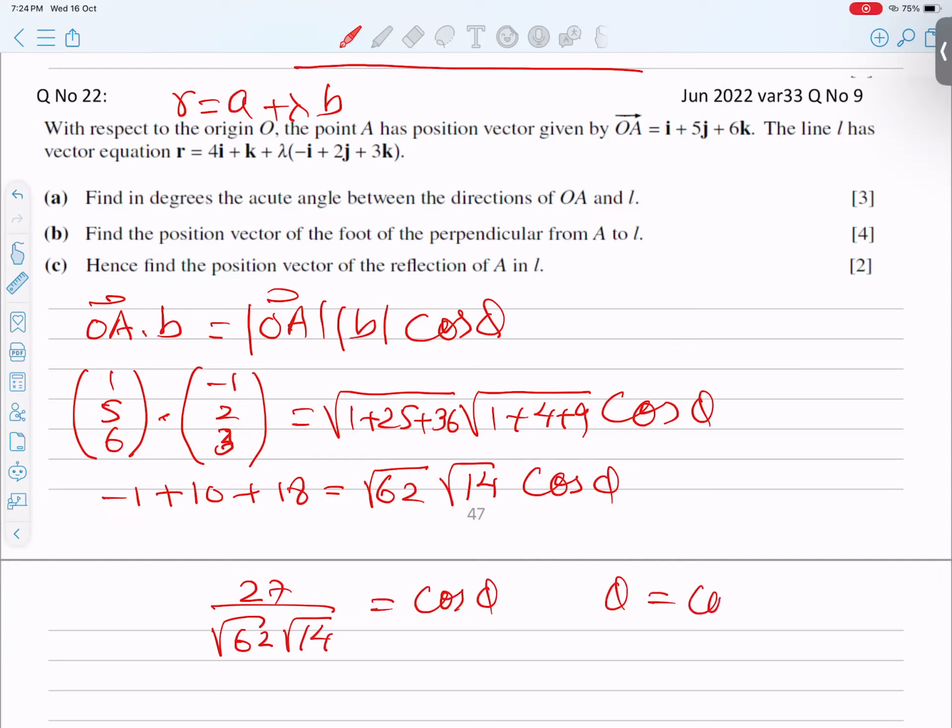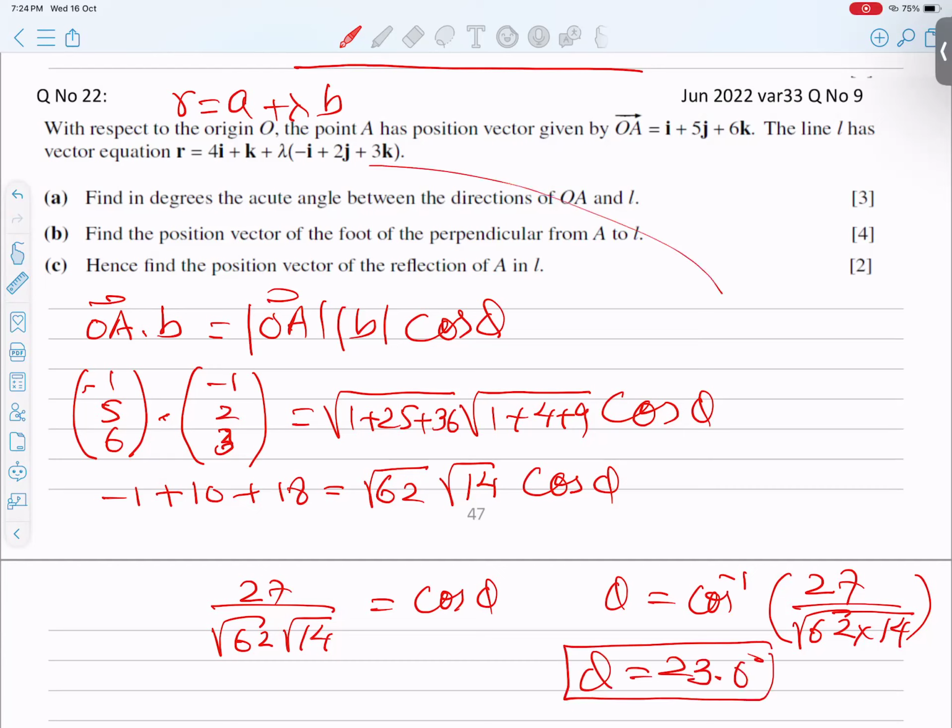Take cos inverse of the whole value, 27 over root 62 times 14. You can write it under one root, no problem, because both have the same powers. It gives us 23.6 degrees, which is the acute angle, because he asked us to find the acute angle.